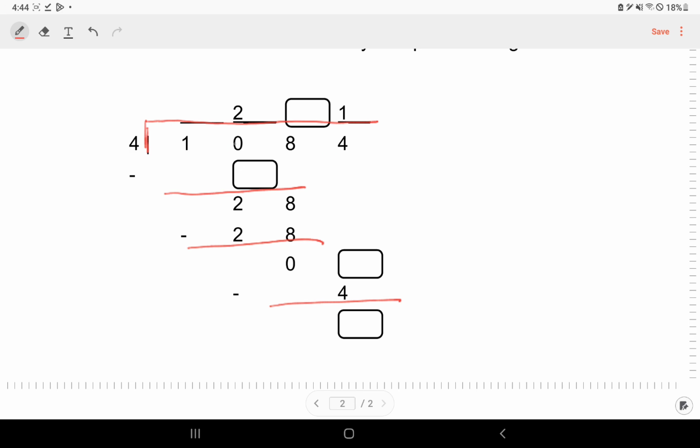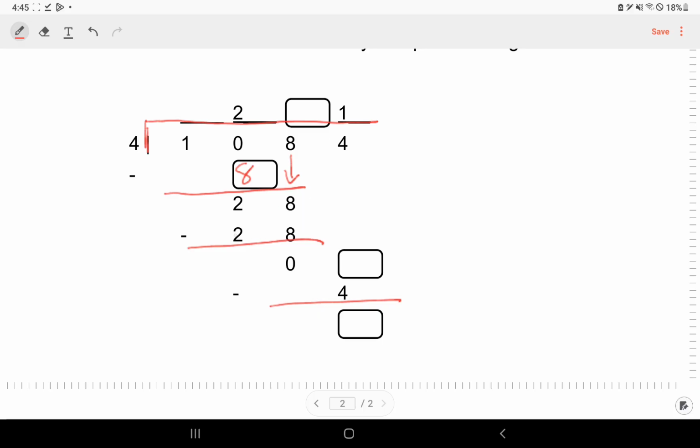Well, 4 goes into 10 2 times. Well, it told us it was 2. So 2 times 4 is 8. And we could also figure that out by 10 minus what is 2? Well, 10 minus 8 is 2. So then it brought down the 8 for 28.